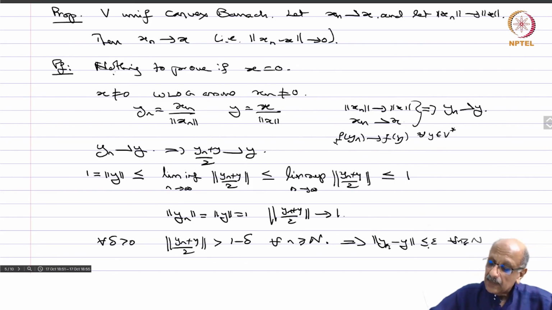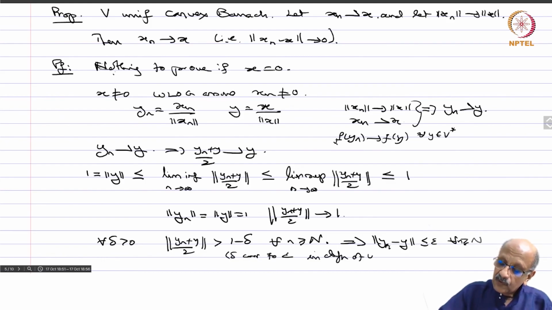Because if it were strictly bigger than epsilon, that would contradict the uniform convexity. You have norm yn equals norm y equal to 1, norm yn minus y bigger than epsilon, then you will have norm yn plus y by 2 has to be less than 1 minus delta, and that is not true. So delta corresponds to epsilon in the definition of uniform convexity.